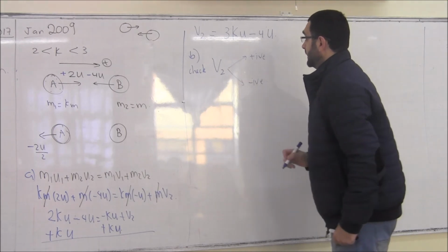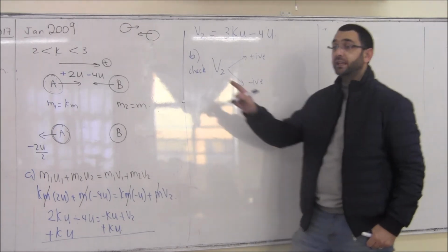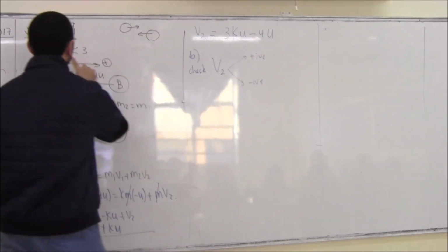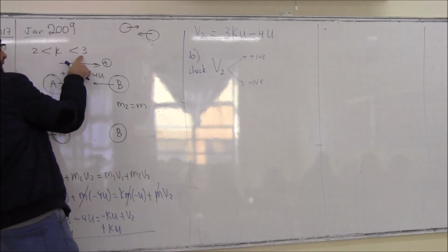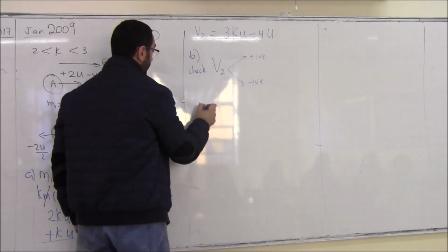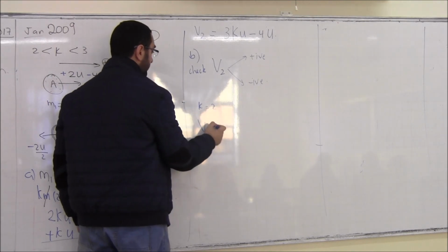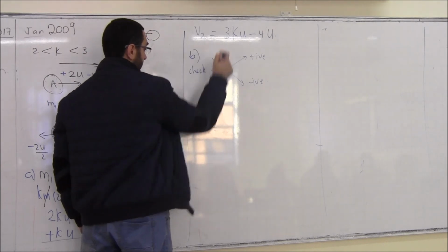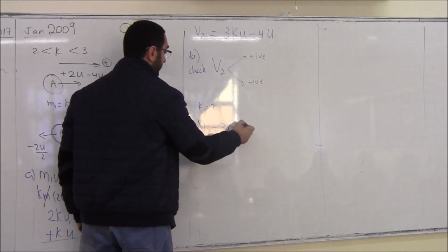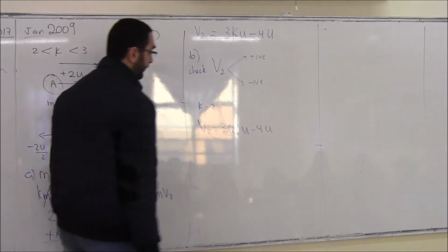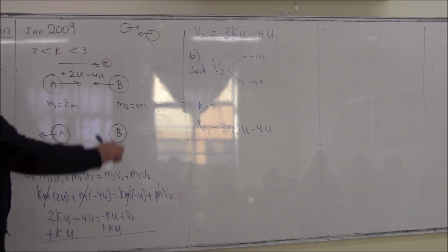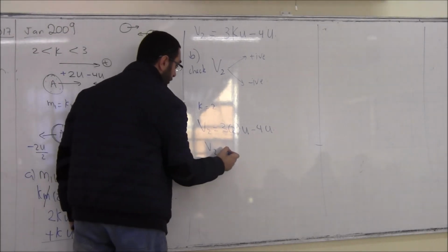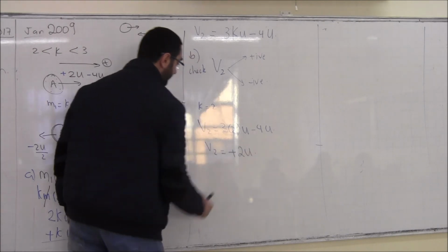Let's check this. K is given between 2 and 3. Let me substitute K as 2. V2 equals 3 times 2u minus 4u, which is 2u. So V2 is a positive 2u.